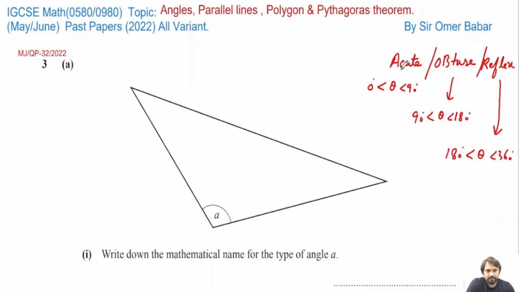So obtuse angle or acute angle or reflex angle, what is the answer? We can see this one is bigger than 90 degree, so it is an obtuse angle. You have to write the complete name. Obtuse angle.